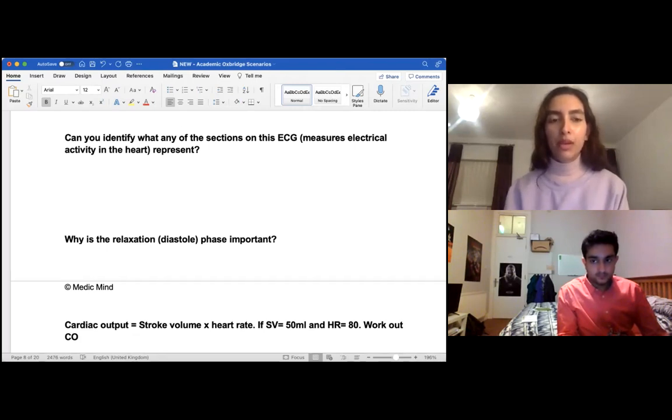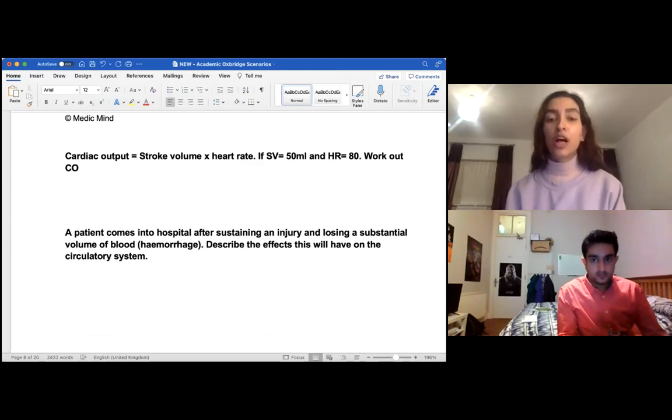Okay. A patient comes into the hospital after sustaining an injury and losing a substantial volume of blood, so hemorrhaging. Describe the effects this will have on the circulatory system. They'll have a significant loss of blood volume, which means that there's less blood returning to the heart, which will reduce the stroke volume and therefore the cardiac output, which can cause shock because there's less perfusion to the tissues.